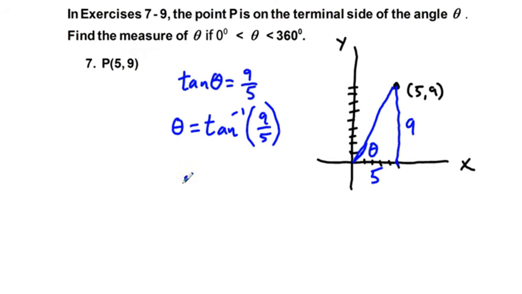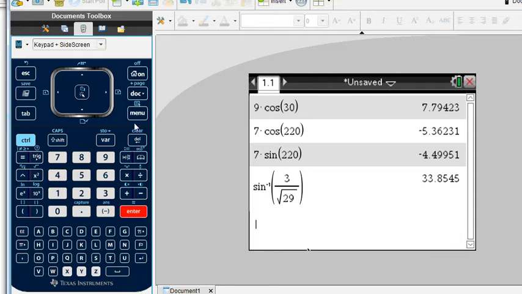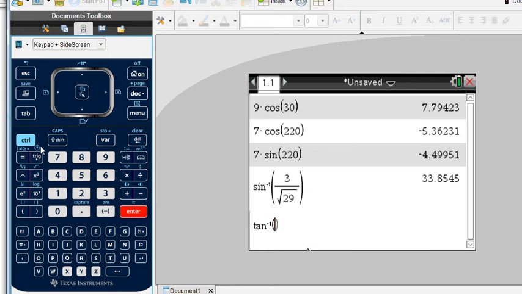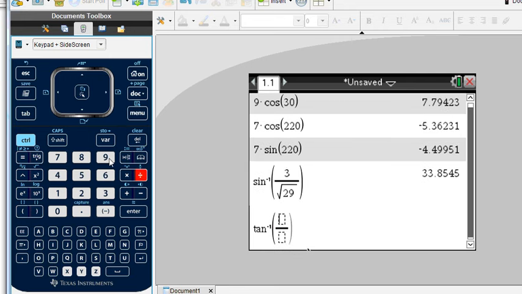And so now we can just go to a calculator, okay, and we will put tangent -1 of 9/5. So we go here, tangent -1 of 9/5.